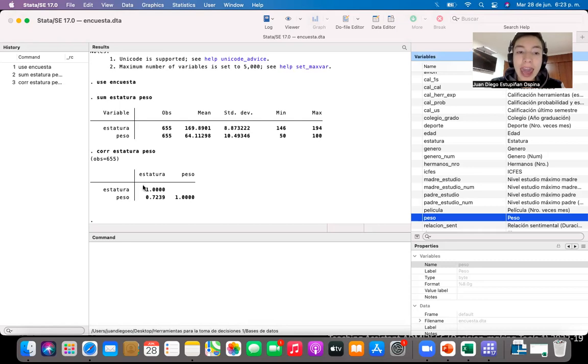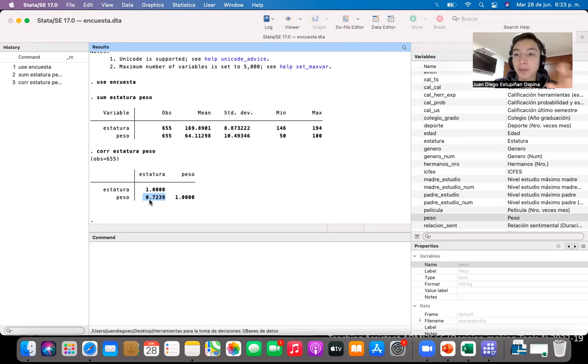And here we can observe that those variables are related in a positive way. This is because the correlation between both variables is higher than 0.7, and also it has a positive sign. This means that a higher height represents a higher weight in a respondent.